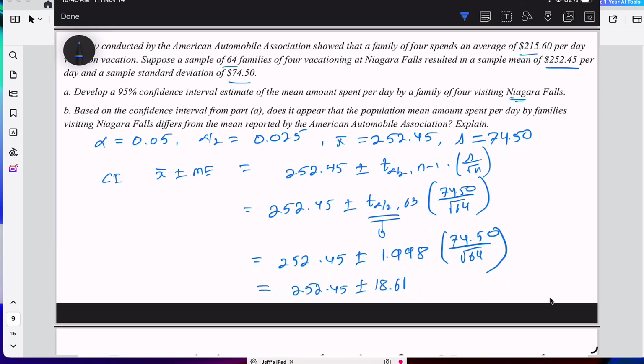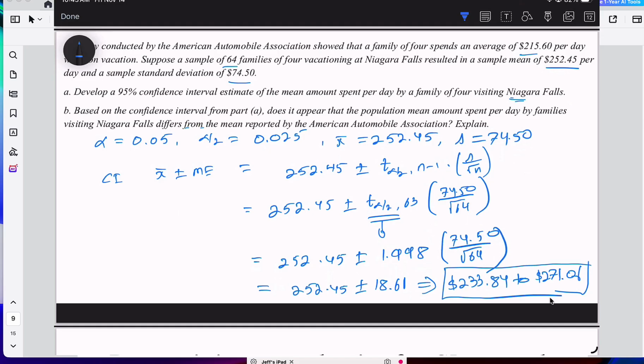Thus, we can obtain our confidence interval at 95% confidence level, which will be $233.84 to $271.06. So this is our 95% confident point estimate of the money spent per day by a family of 4 visiting Niagara Falls.